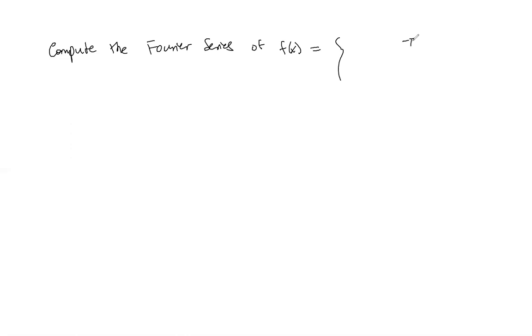So from negative pi to 0, and from 0 to pi, it'll be 0 and then x. It looks something like this, 0, and then it's x. Okay, so this is f. And we want to compute the Fourier series of this.